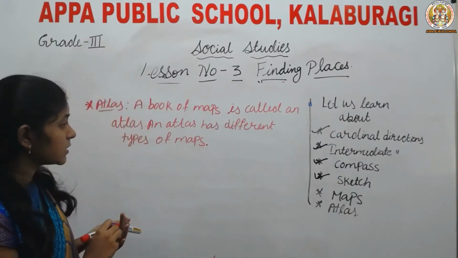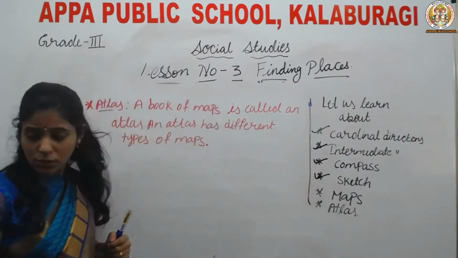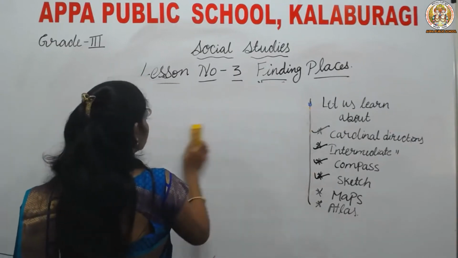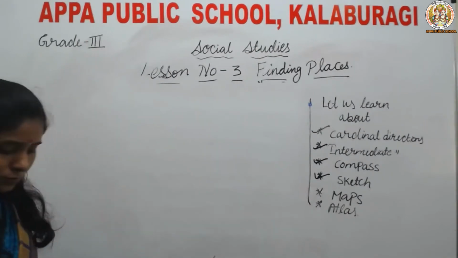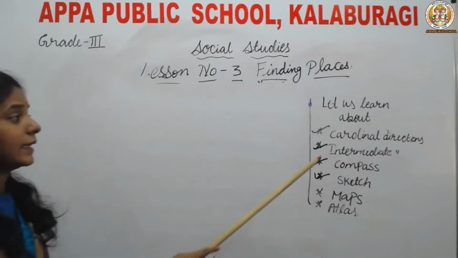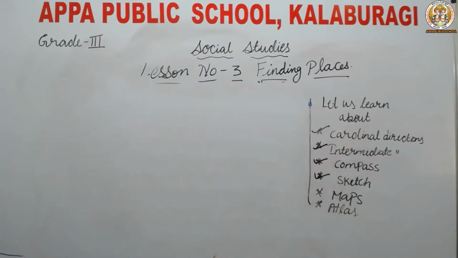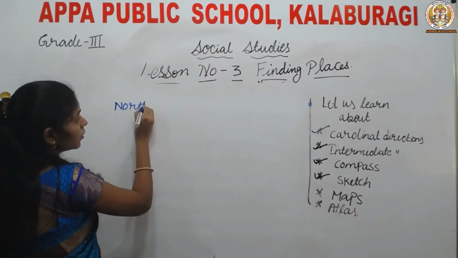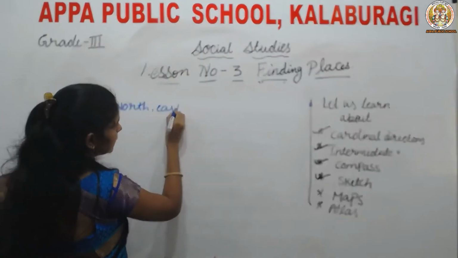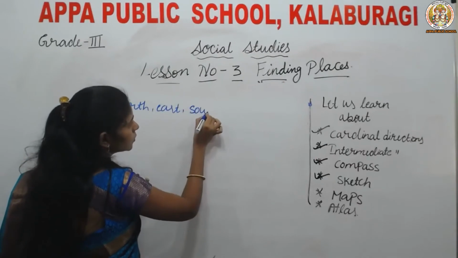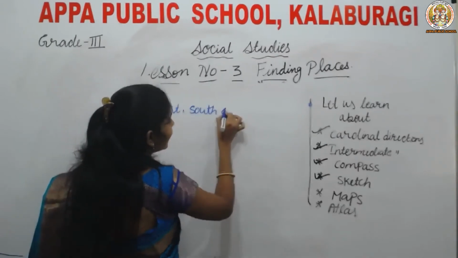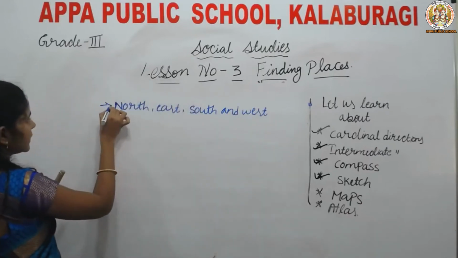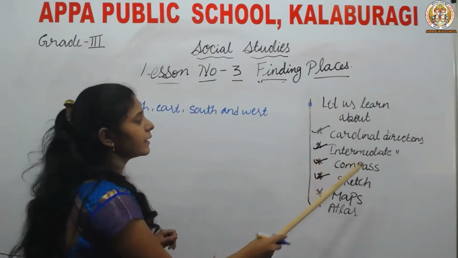See children, we studied all these in today's class. Once we recall. What do you mean by cardinal direction? North, east, south, and west are known as the cardinal directions. What do you mean by intermediate direction?